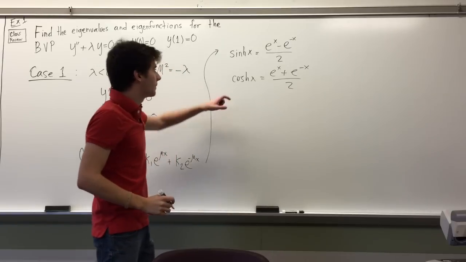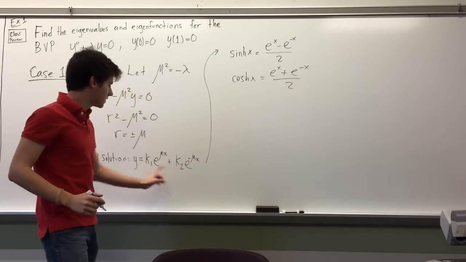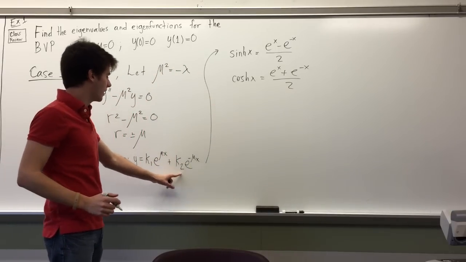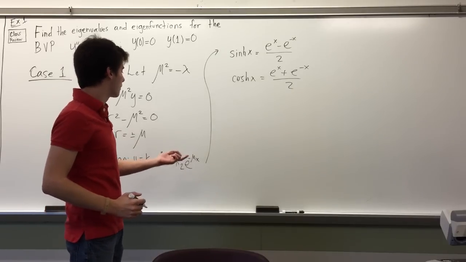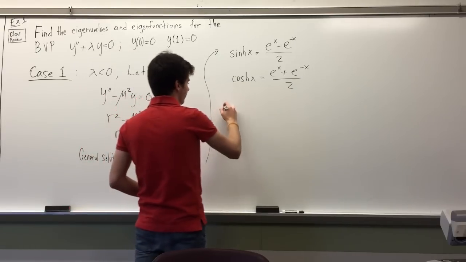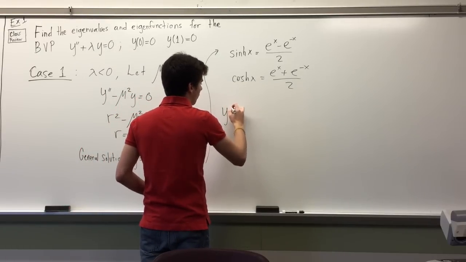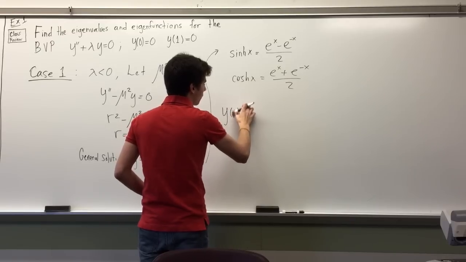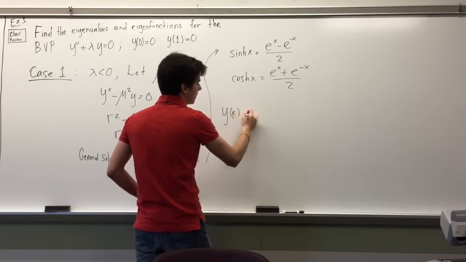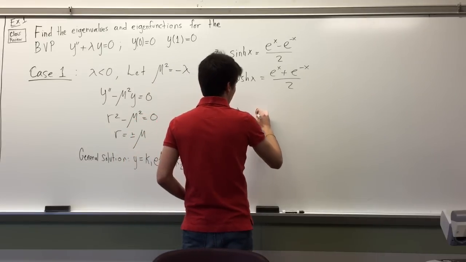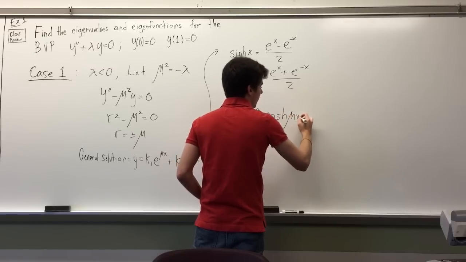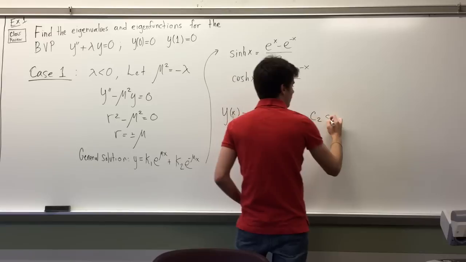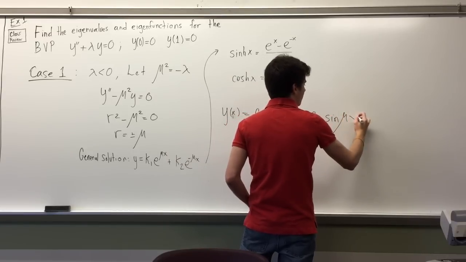So these are linear combinations of these two things, and we can easily write our solution more conveniently as y of x is equal to C1 cosh of mu x plus C2 sinh of mu x.